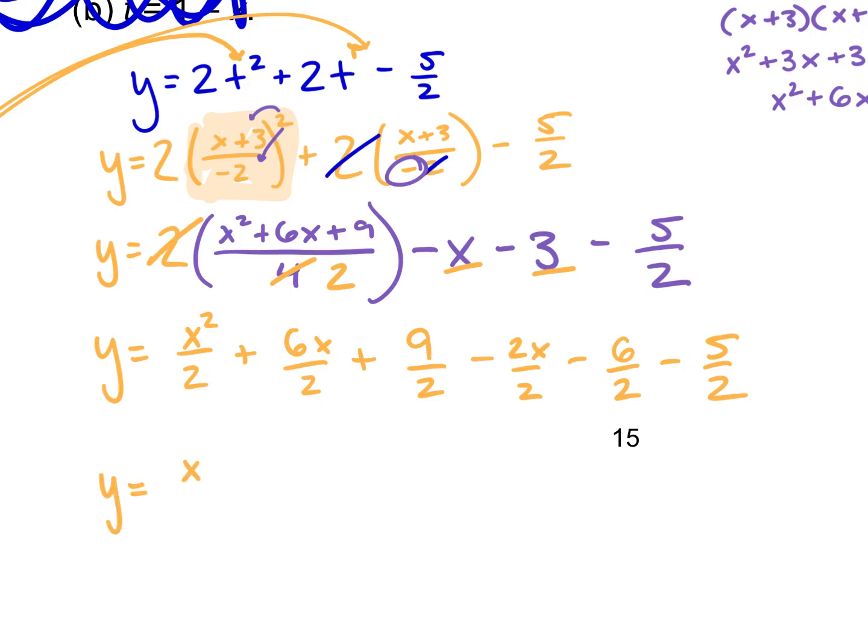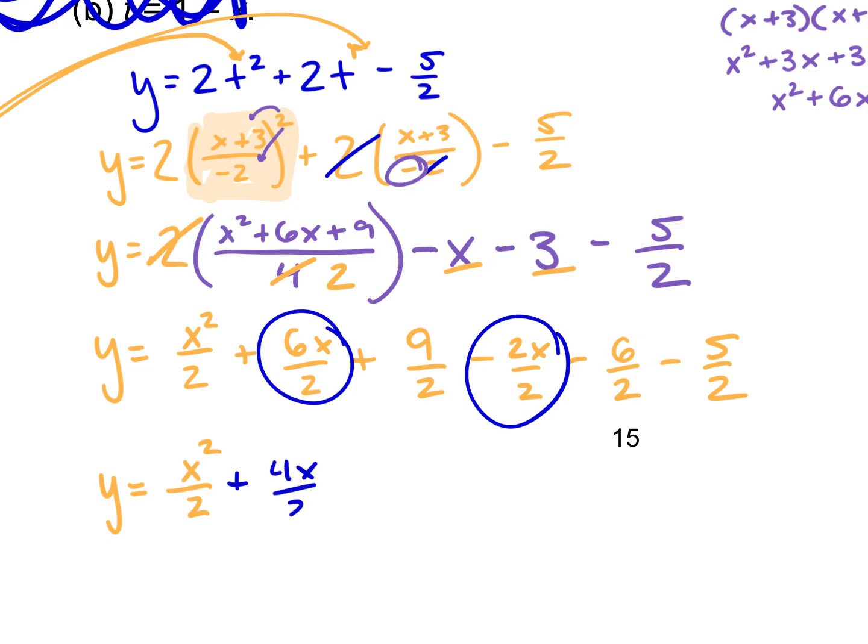So I'm going to start with x squared over 2, then move on to my x's. What's 6x over 2 minus 2x over 2? Awesome. So this would be plus 4x over 2. And then we have 9 over 2 minus 6 over 2 minus 5 over 2. 9 minus 6 would be 3.